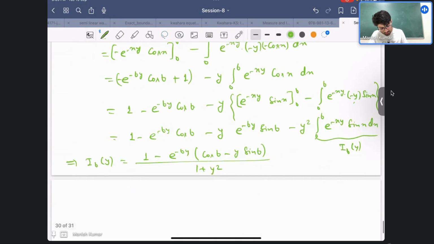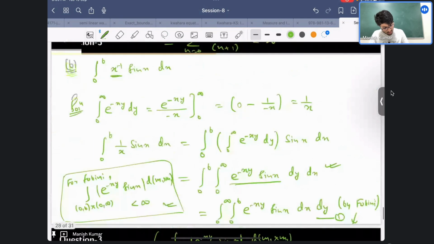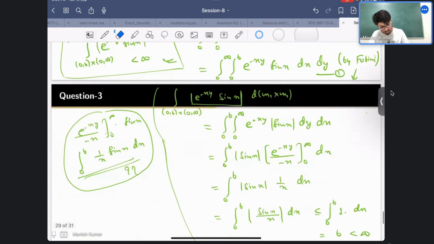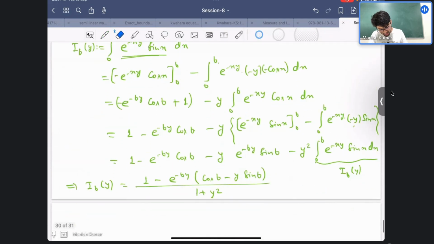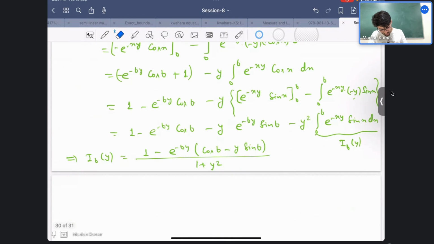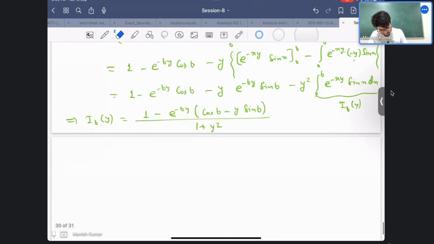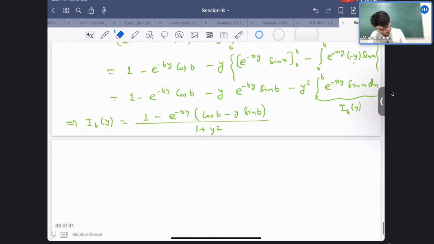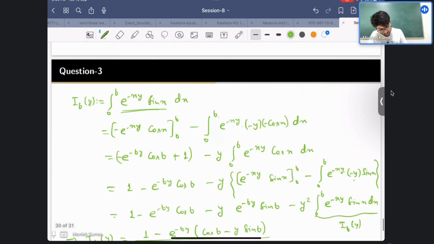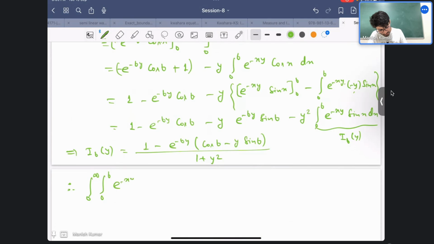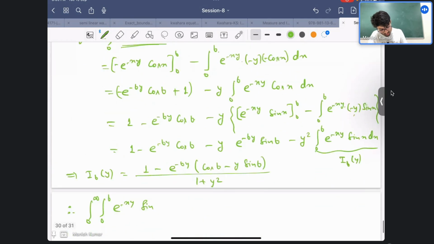So this was the integral basically, and now you have evaluated it. Now you have to integrate with respect to y, so that was your main goal. So the integral from 0 to infinity of the integral from 0 to b of e^(-xy) sin y sin x dx dy.